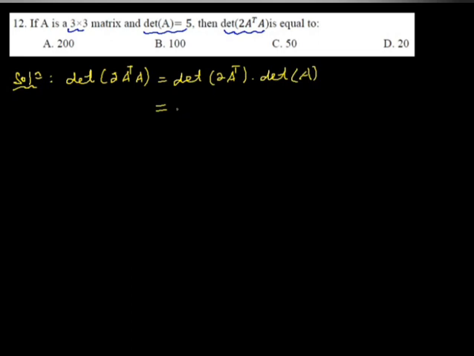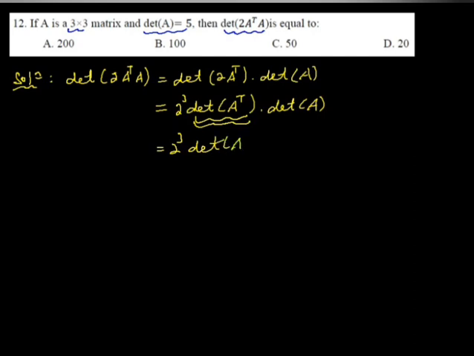So this is the same as 2 to the power of 3 times the determinant of A transpose times the determinant of A. Again, the determinant of A and the determinant of A transpose are the same. Therefore, in place of the determinant of A transpose, you can substitute the determinant of A. So the determinant of A times the determinant of A is the determinant of A squared, or you can use 5 in place of the determinant of A because it's already given.